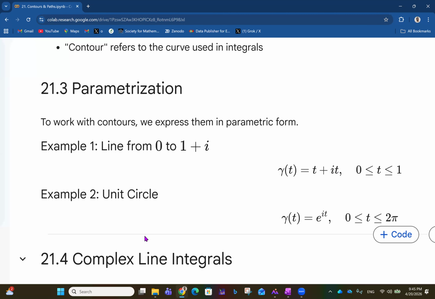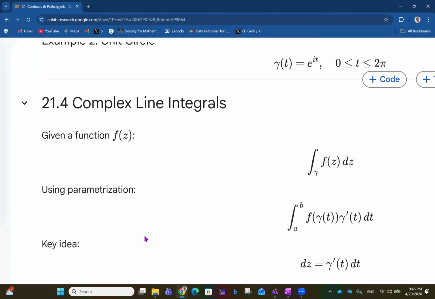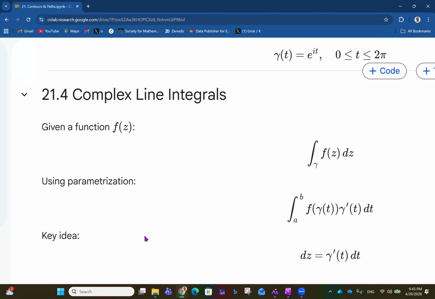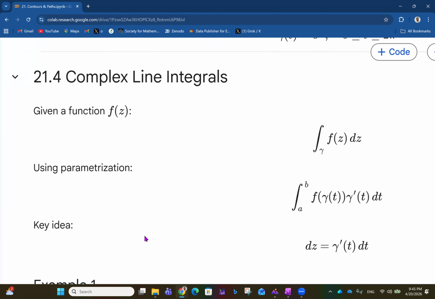Talking about complex line integrals, given a function f of z, the integral over gamma of f of z dz, using parameterization, becomes the integral from a to b of f of gamma of t multiplied by gamma prime of t dt. So if you use parameterization, we have this.